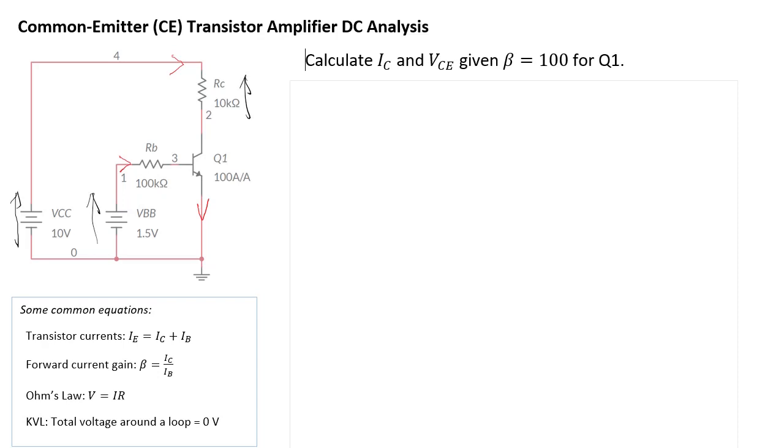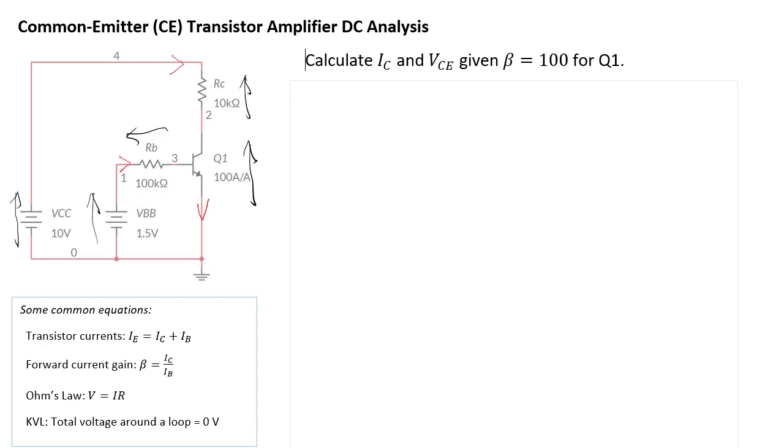For RB, since IB is going in that direction, positive VRB is defined in that direction. And for VCE, since current is coming down, VCE is defined that way. I think that's all the nodes labeled with voltages.